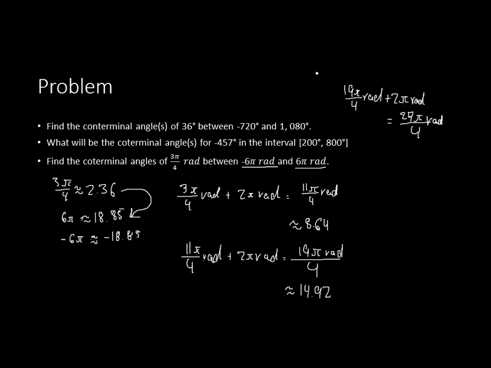Am I right? 4 times 2, 8. 8 plus 19, 27. Okay, we're good. So approximately, this is 21.21 radians. So you see, this is already beyond 18.85, so we will not include these.